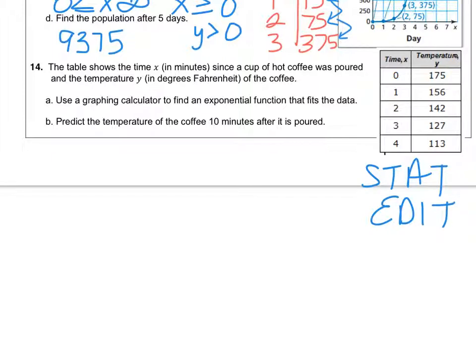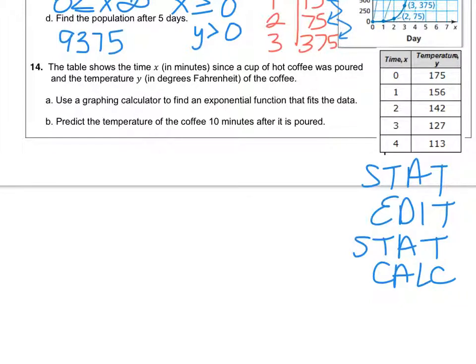We can use stat edit on any exponential function. Remember, the two things you have to have is it cannot be a negative b, and the b cannot equal 1. So we don't have either one of those, so we can use stat edit, and then we go stat calculate. We've been using 4 for linear, 5 if we didn't know if it was linear or quadratic.